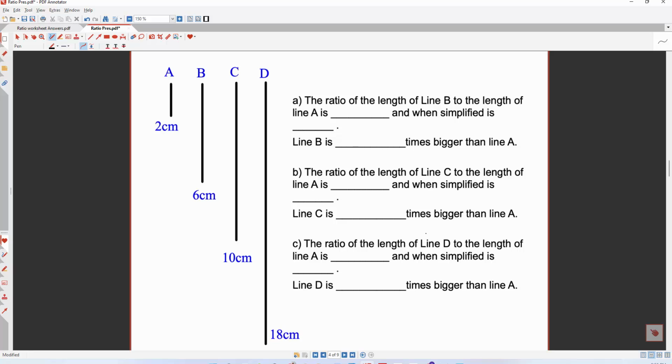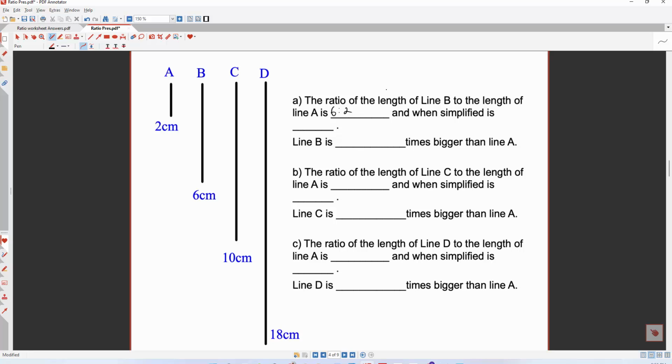Okay, so we've got some lines here. The ratio of the length of line B to the length of line A is, so here's line B, so it's 6 to 2. Okay, so let's simplify that ratio.